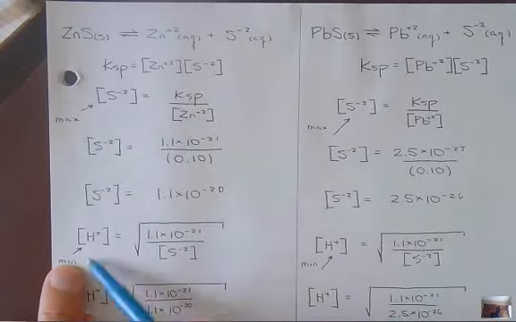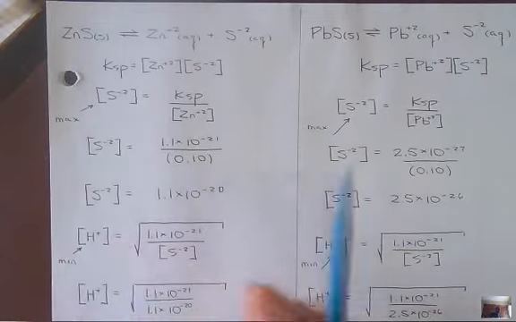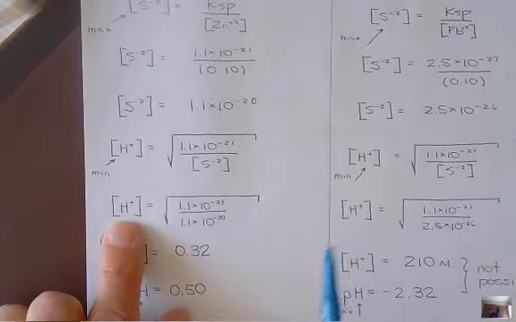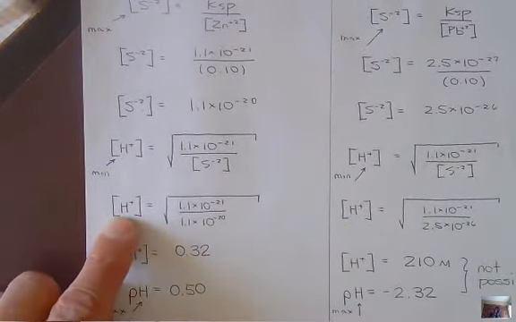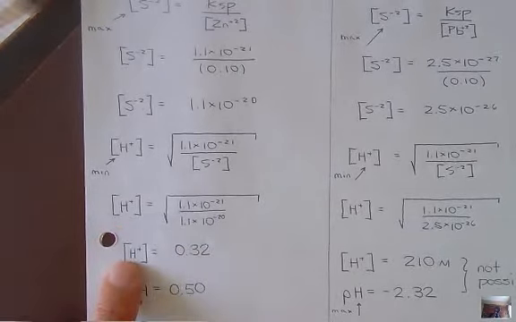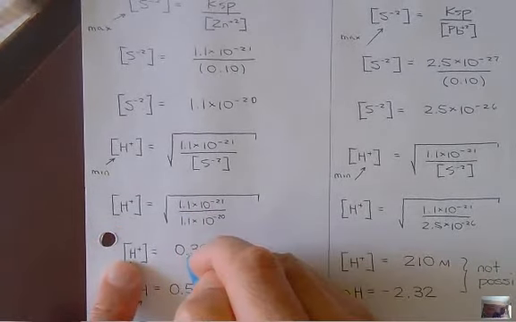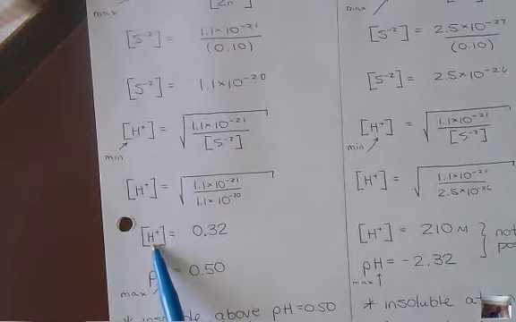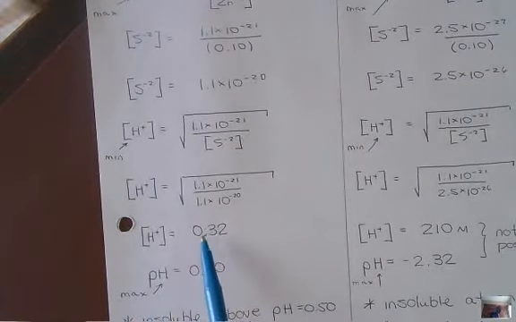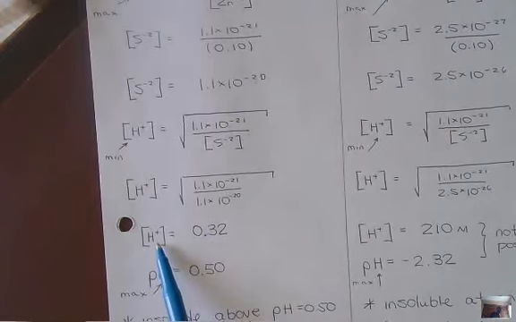This is the minimum amount of hydrogen that I need to get the 0.1 molar zinc sulfide to all dissolve. Solving for hydrogen ion concentration, I get a huge number, 0.32. If I have the hydrogen ion concentration, I can always get the pH. This is the minimum amount of hydrogen ion concentration that I can have in solution.